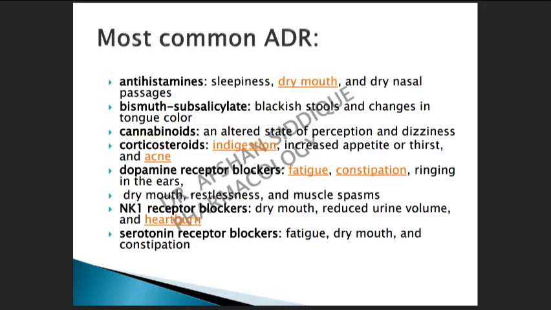While serotonin receptor blockers will produce similar adverse effects to the dopamine receptor blockers, for example, constipation, fatigue, as well as dryness of mouth.